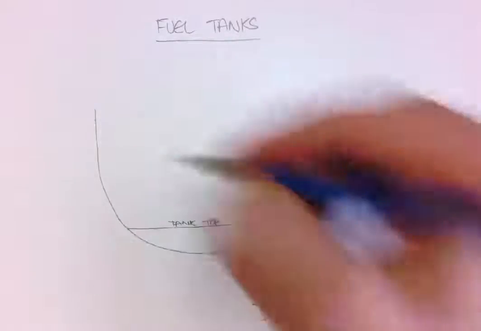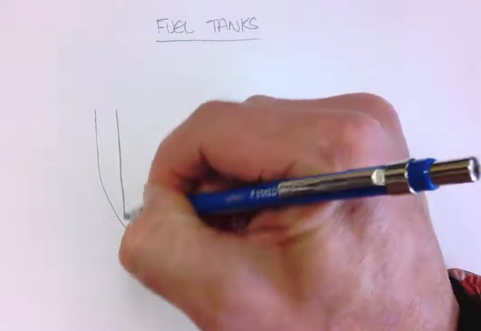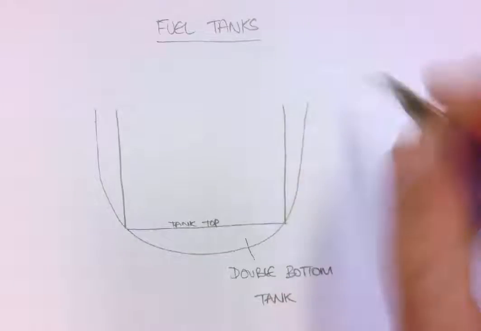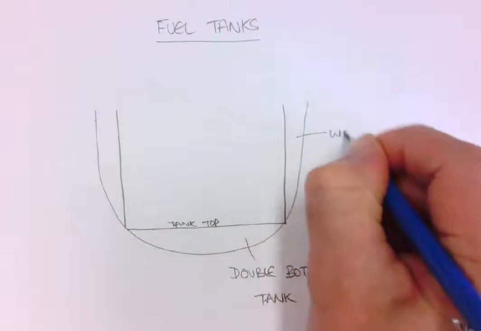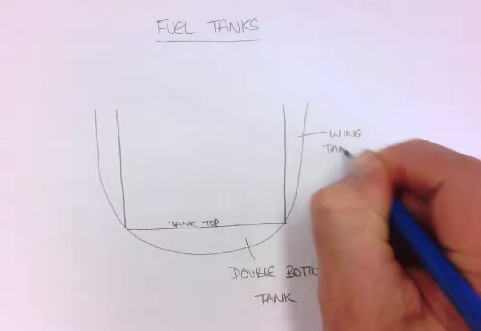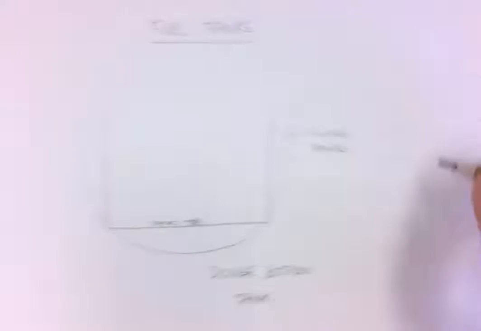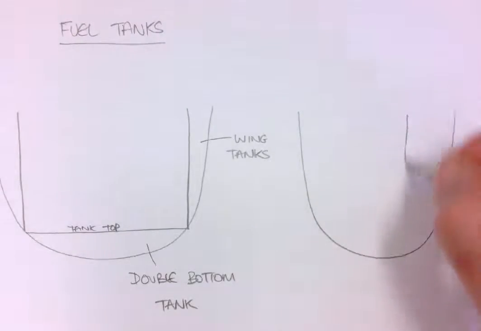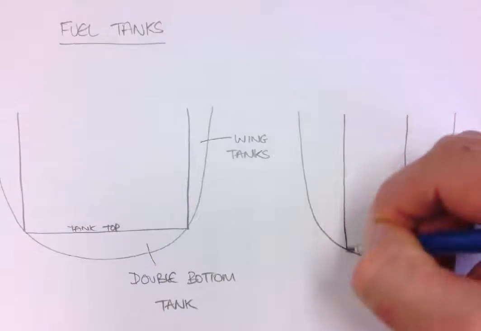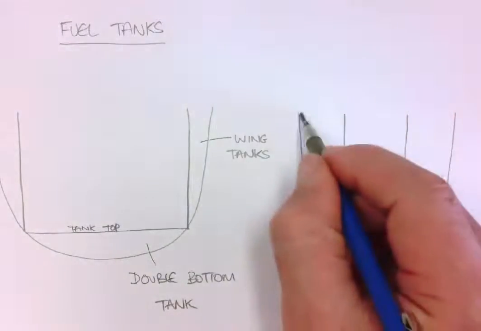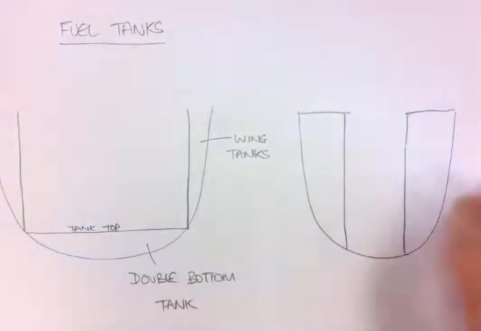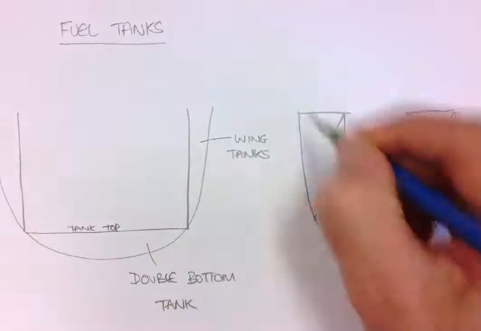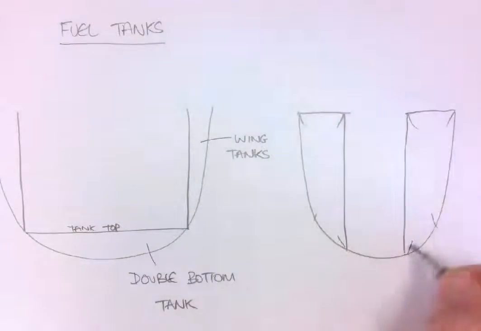Then we can have wing tanks or side tanks. So I'll just draw it again without the double bottom, because they can, but essentially basically part of the hull forms part of the tank as well.